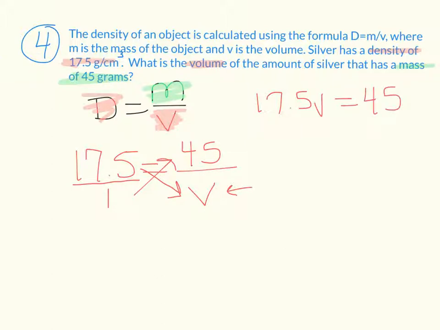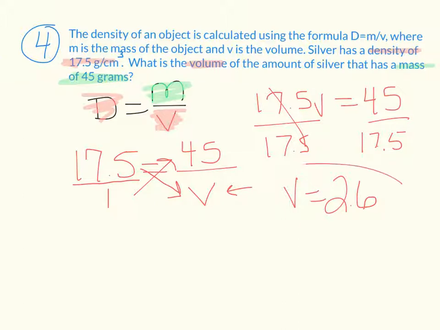Okay. Now I gotta isolate the V, so I'm gonna divide by 17.5. Those cancel. When I take 45 divided by 17.5, I get about 2.6. Okay, so that would be my answer. All right, this is probably one of the harder ones, so make sure you take good notes on this one.